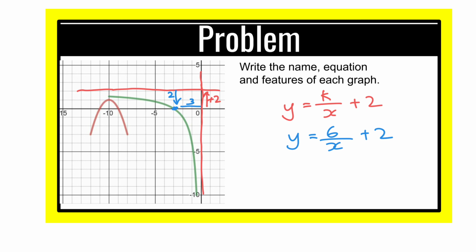So the features, you must mention the asymptote. So here, my asymptote, whoops, I think it only has one s, is at x equals 0 and y equals 2.